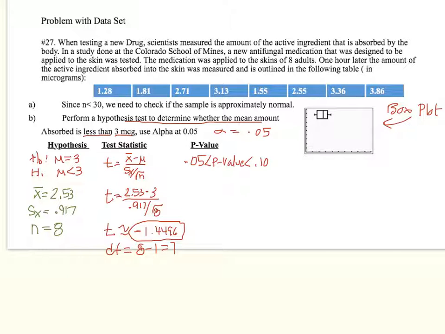Now, we actually do this on the TI-83 because it makes more sense to get an actual p-value. And in this case, our p-value is approximately equal to 0.0958. Okay, and so our decision is, since our p-value is greater than alpha, we do not reject.